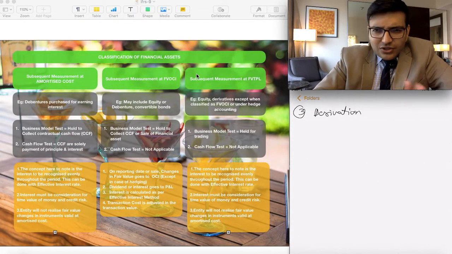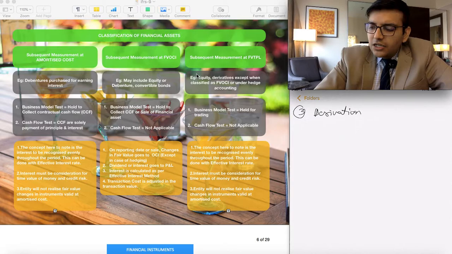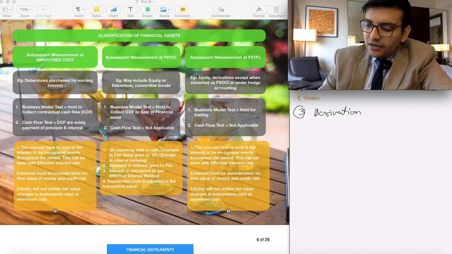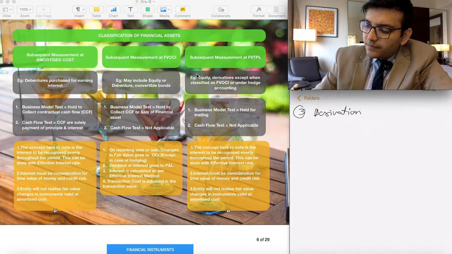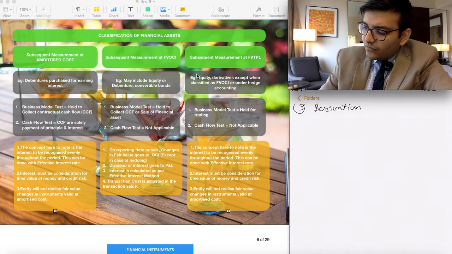So this was just the basic overview of IFRS 9. Now let us understand the whole picture of IFRS 9.